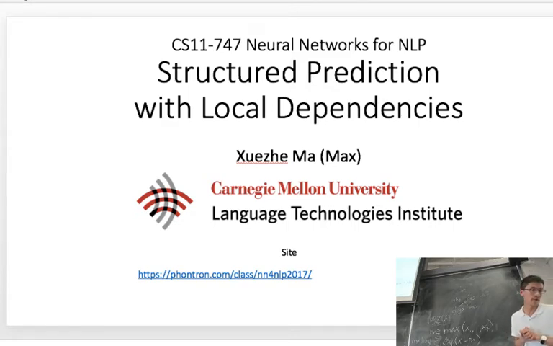So here are the training details. For optimization, we just use SGD with momentum, and the learning rate decays at the rate 0.5 after each epoch. We also applied dropout training.